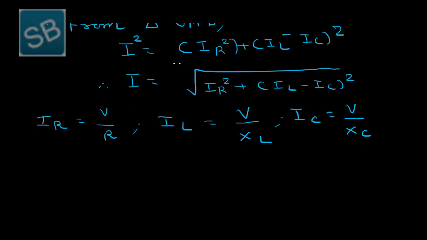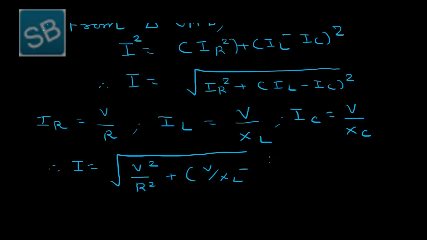Now substitute all these values in the equation of I. So I is equal to the square root of V square over R square plus V over XL minus V over XC whole square.